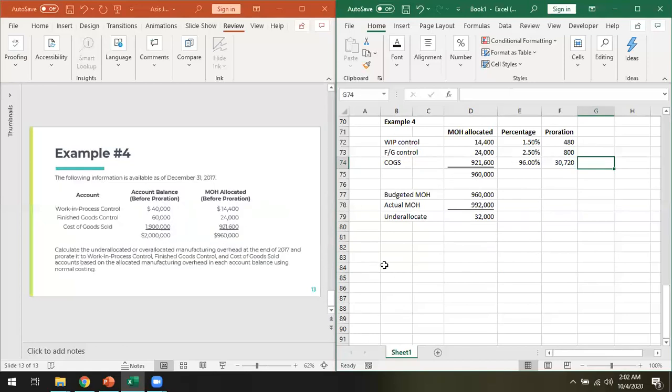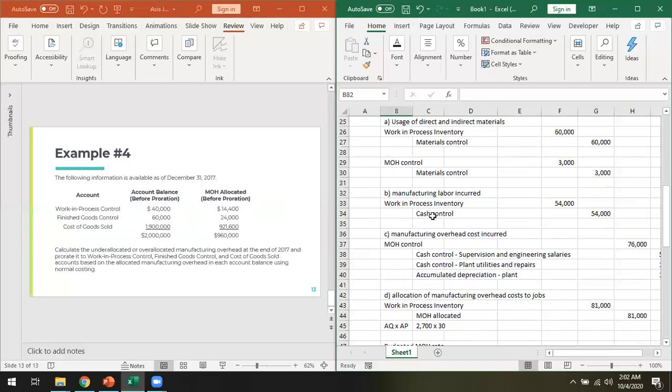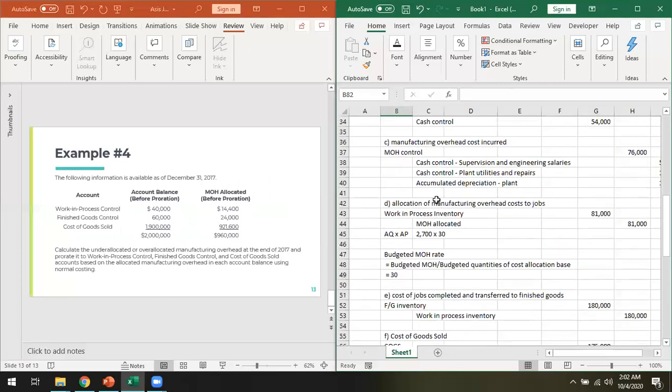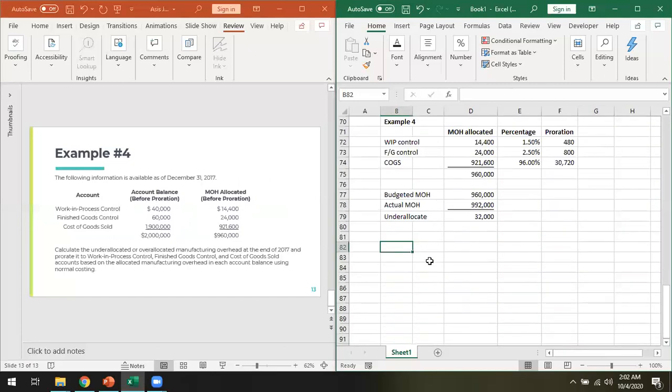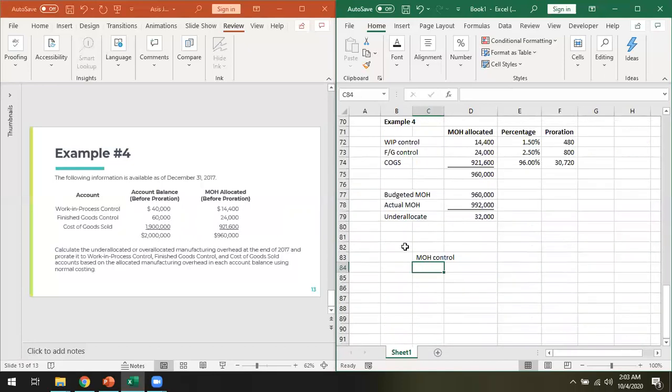So what are the journal entries for this proration method? We know from the previous example that manufacturing overhead control is originally on the debit side. If we want to close the account, we have to put it on the credit side. So, manufacturing overhead control. As for manufacturing overhead allocated, it is originally on the credit side, so we want to move it to the debit side.